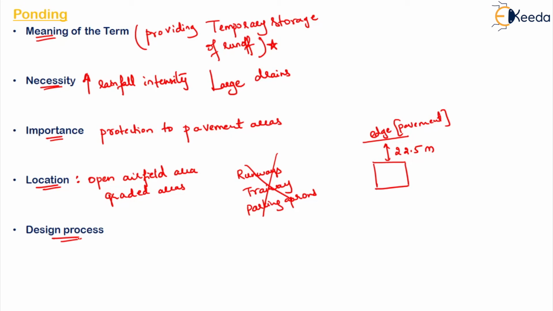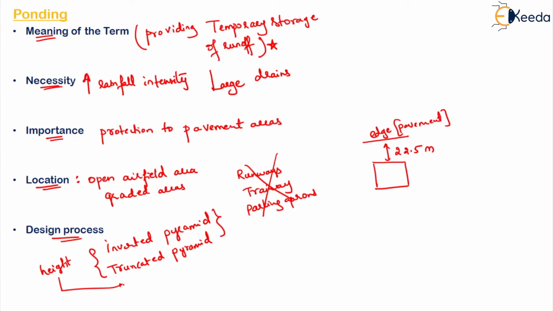For the purpose of design, the ponding volume may be assumed to be an inverted pyramid, or you can call it a truncated pyramid, whose height is equal to the depth of the water above the inlet at any stage.